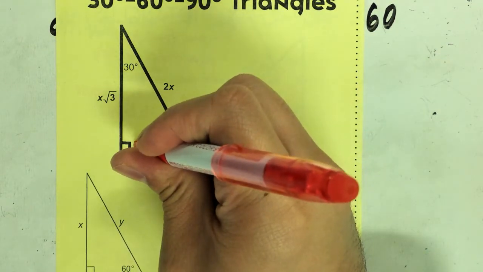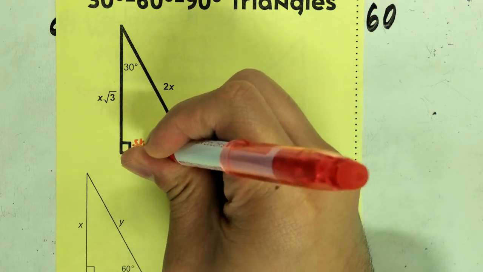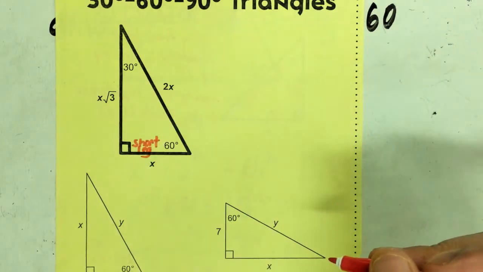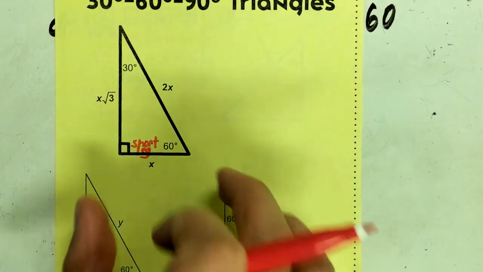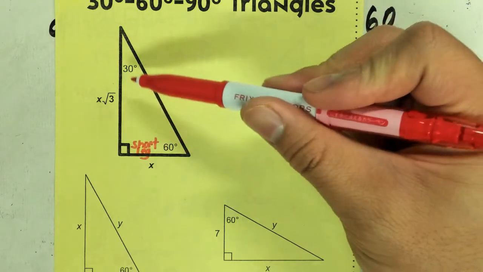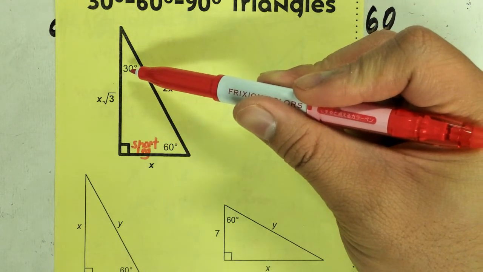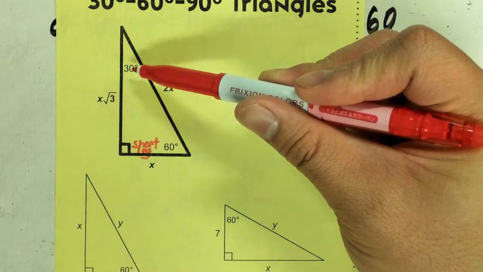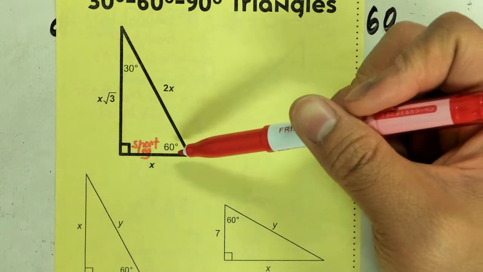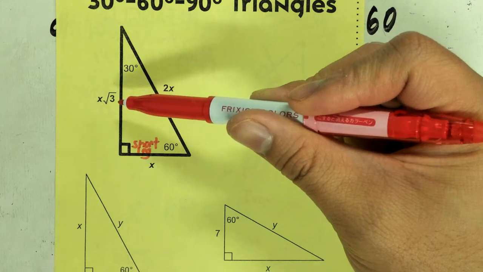This part we call the short leg. Because it's shorter. And we know this side is shorter because it's opposite my 30 degrees. So remember, your smallest angle is opposite your shortest side. Middle angle opposite your middle side.